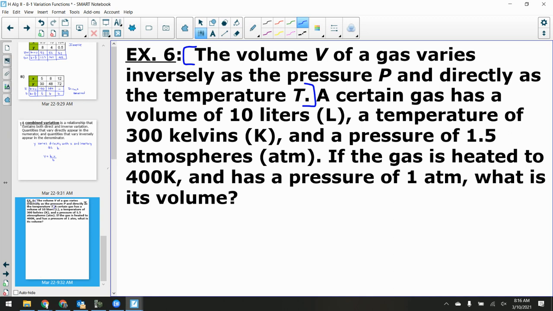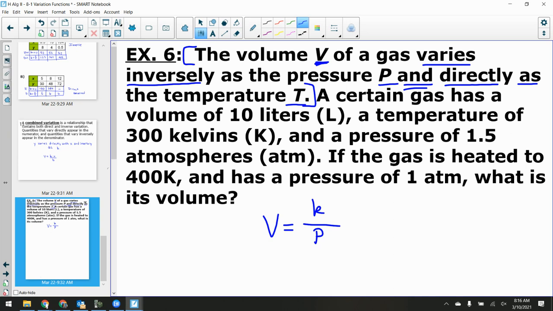Okay, the volume, V, varies inversely as P. I can start there. Volume varies inversely as P. K over P, right? And directly as T. So it's varying both inversely and directly.